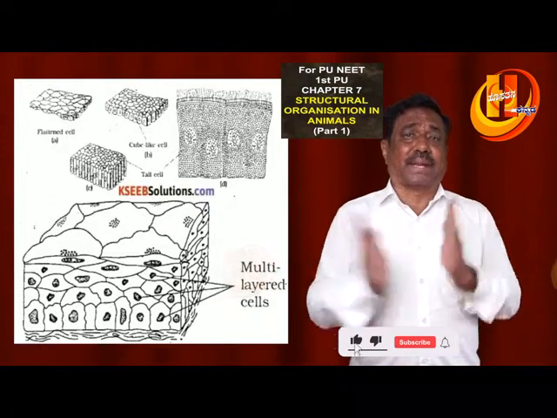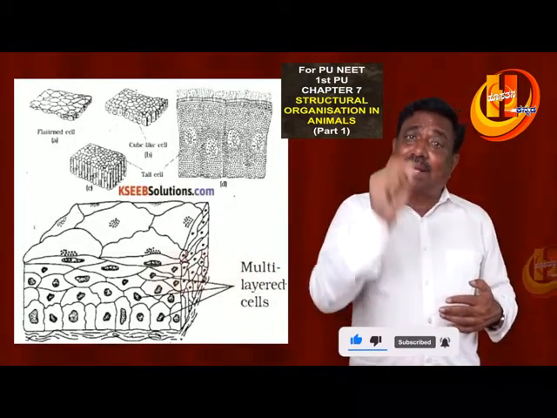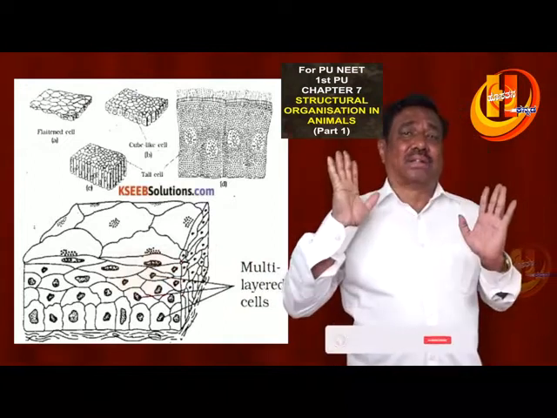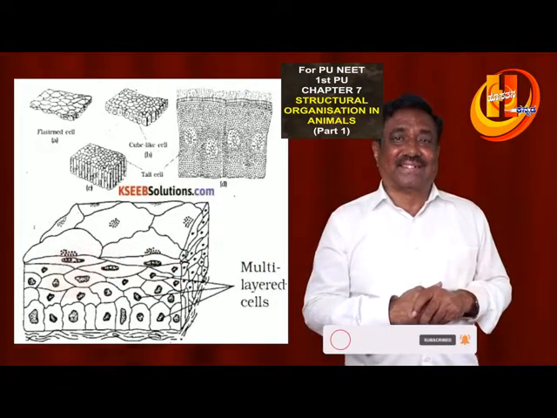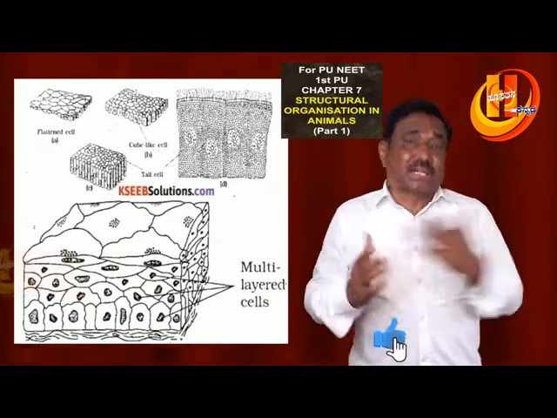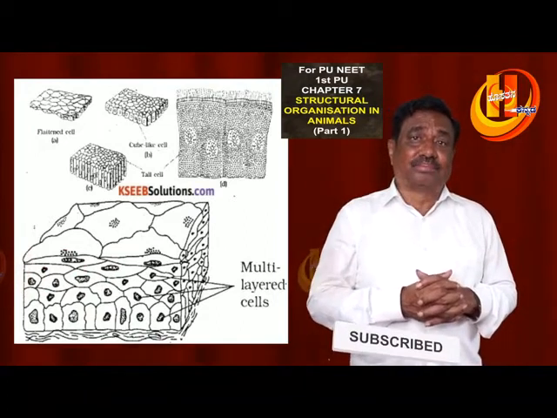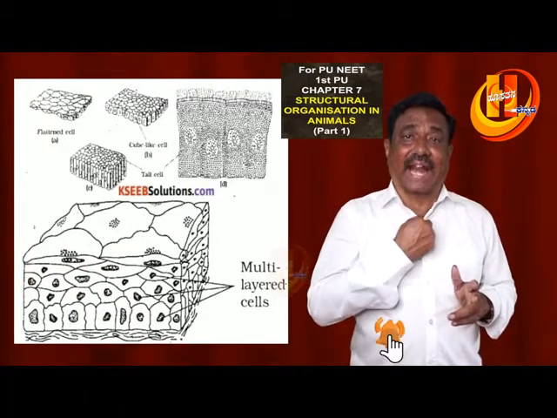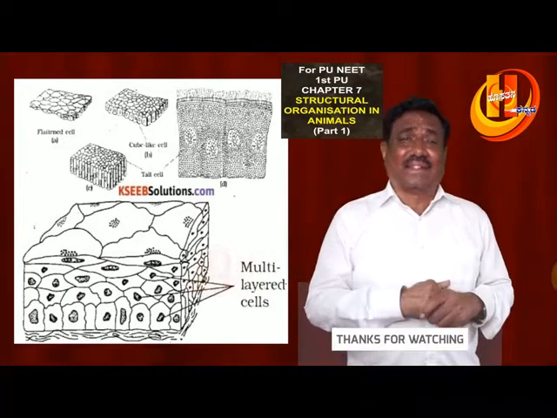Same explanation: pillar-like cells closely packed, arranged on structureless basement membrane, contains nucleus, cytoplasm, cell membrane and cilia. Just one part you have to add: present in the moist parts of the body, like the nasal cavities and respiratory tract. So this is about the ciliated epithelium, which is sensory in function.